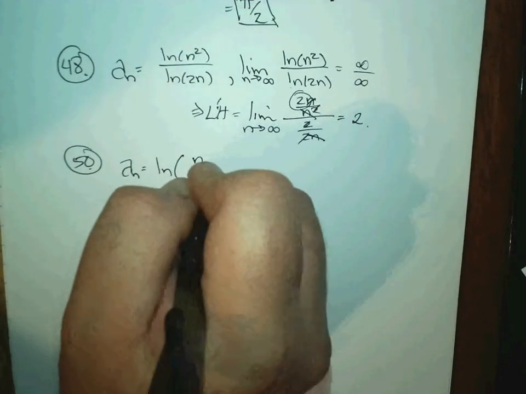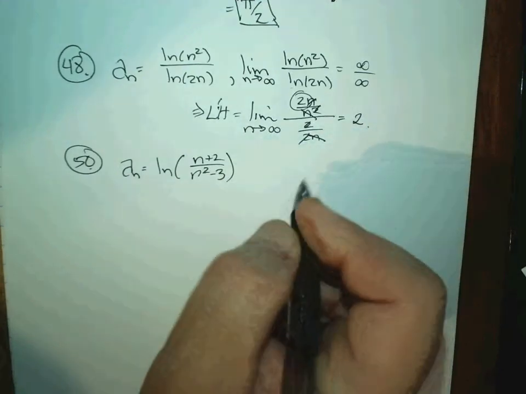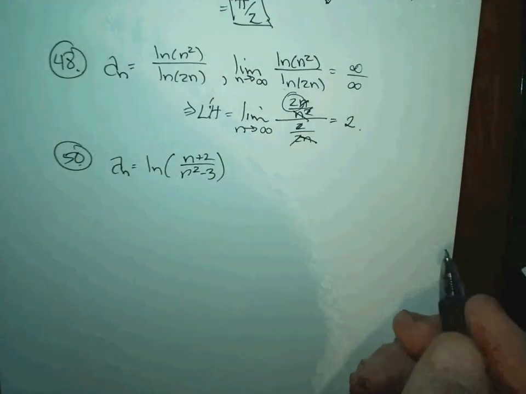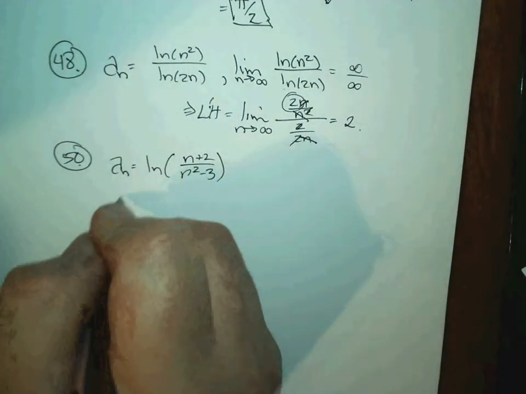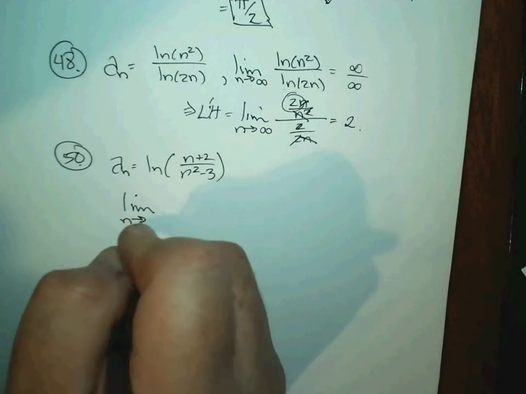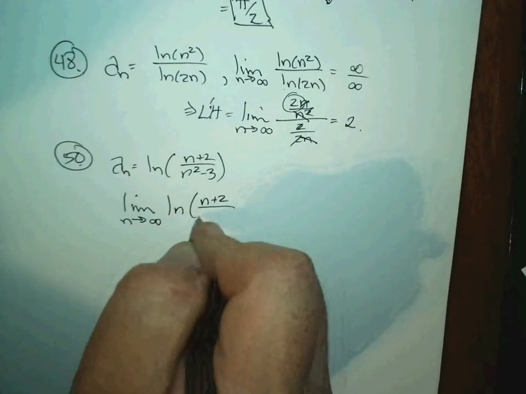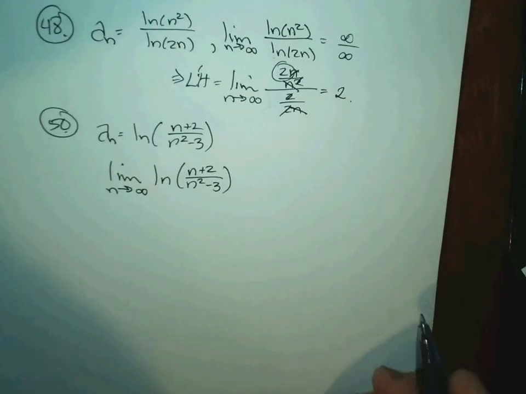How about number 50? A sub n is the natural log of n plus 2 over n squared minus 3. So what's the limit of this?